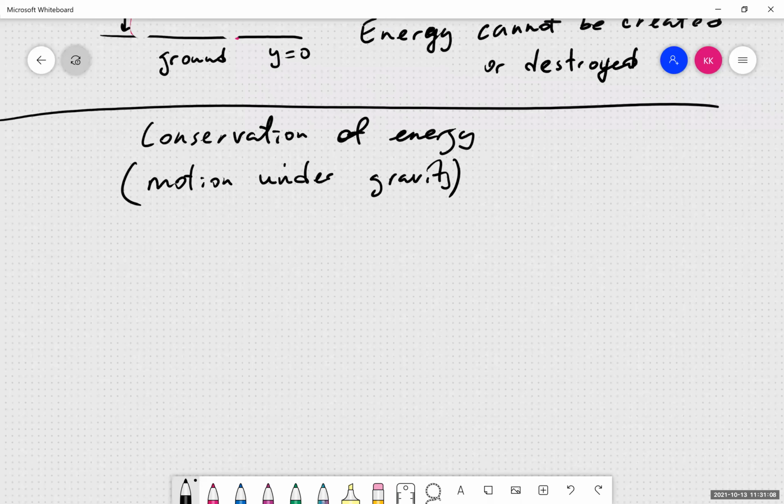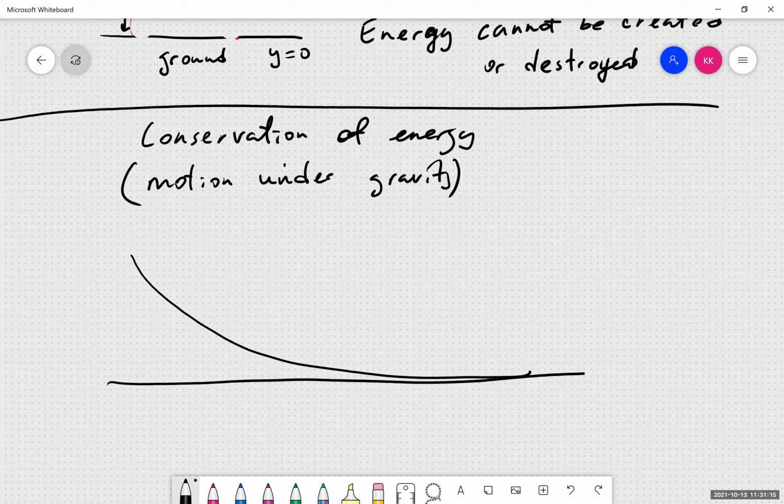For example, let's say you have an incline like that, where you have 2 points. Here's point 1 and here's point 2. So when your object is here at point 1, and let's say it is moving with some velocity v, that means it has some initial speed at point 1.